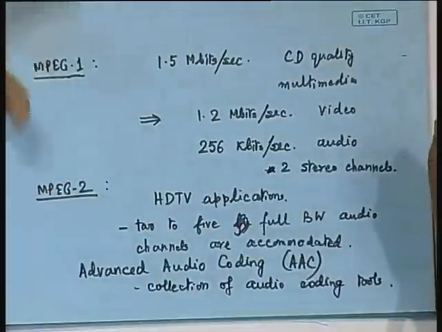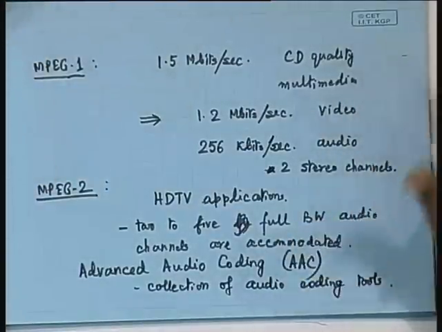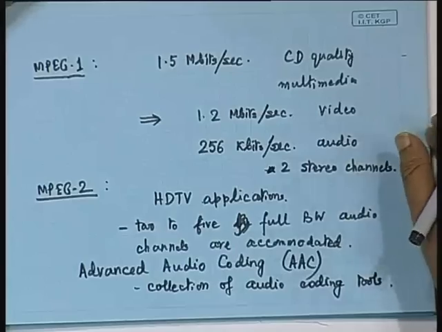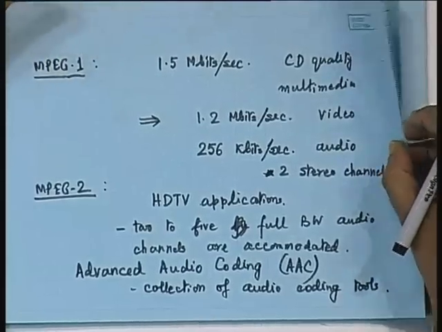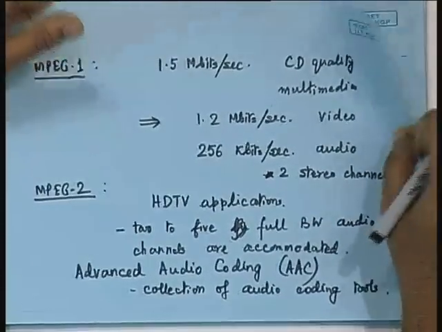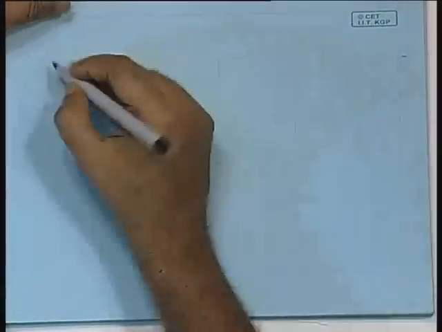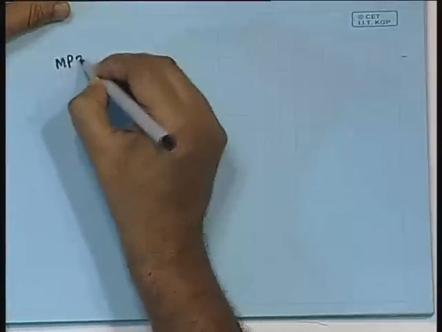So MPEG 2's audio part is an advanced version of what MPEG 1 supports. And then also there is further enhancement which is done in the MPEG 4.